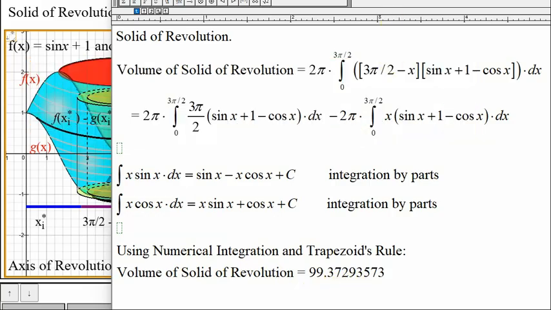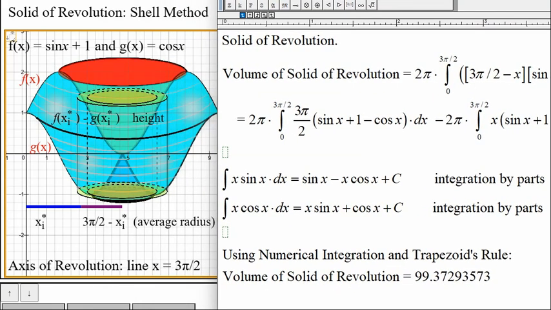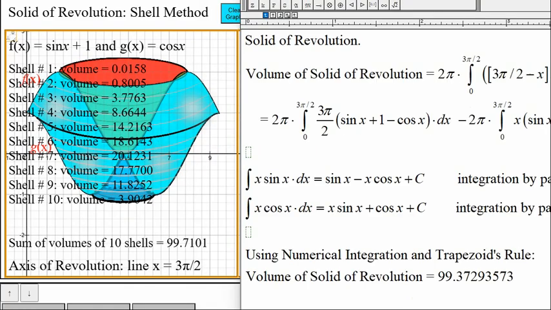And so the volume of this solid of revolution that we want will be approximately 99.3729. A few moments ago, when I divided the solid of revolution into 10 shells, the volume of the 10 shells was 99.7. And here's the volume for an infinite number of shells. We can see that they're very, very close.